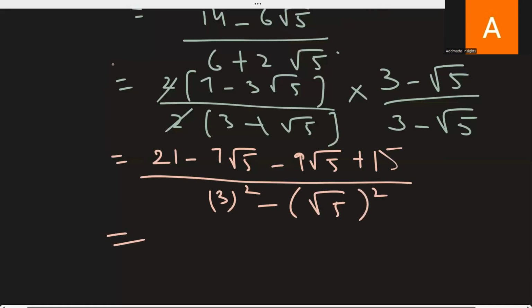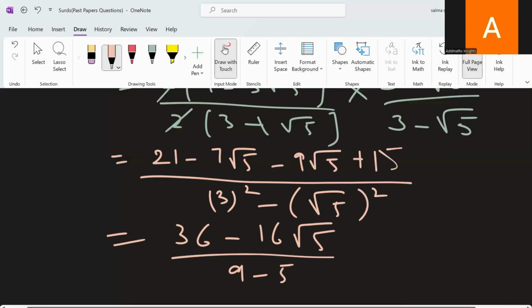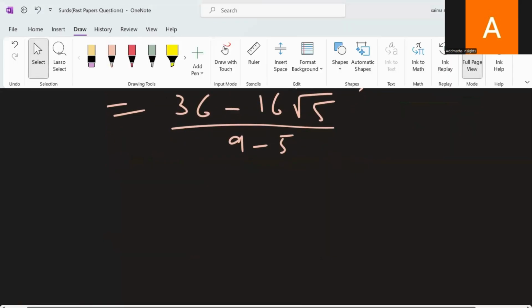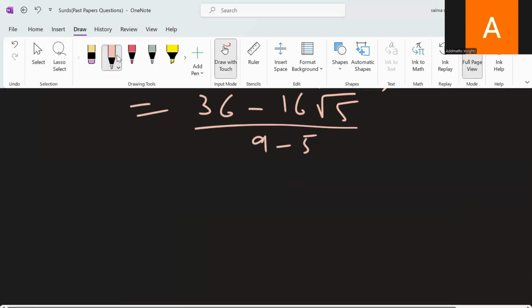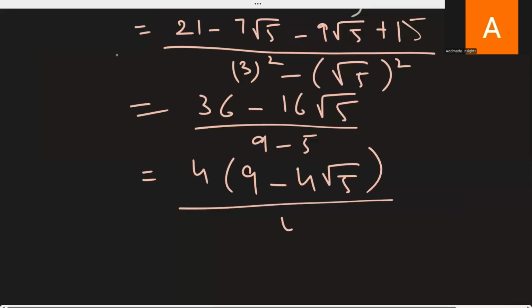Now we solve like terms: 21 plus 15 is 36 minus 16 under root 5, and 9 minus 5. Now from 36 you can take common 4: 9 minus 4 under root 5, and 9 minus 5 is 4. Then you can simplify and your final answer is now 9 minus 4 under root 5.